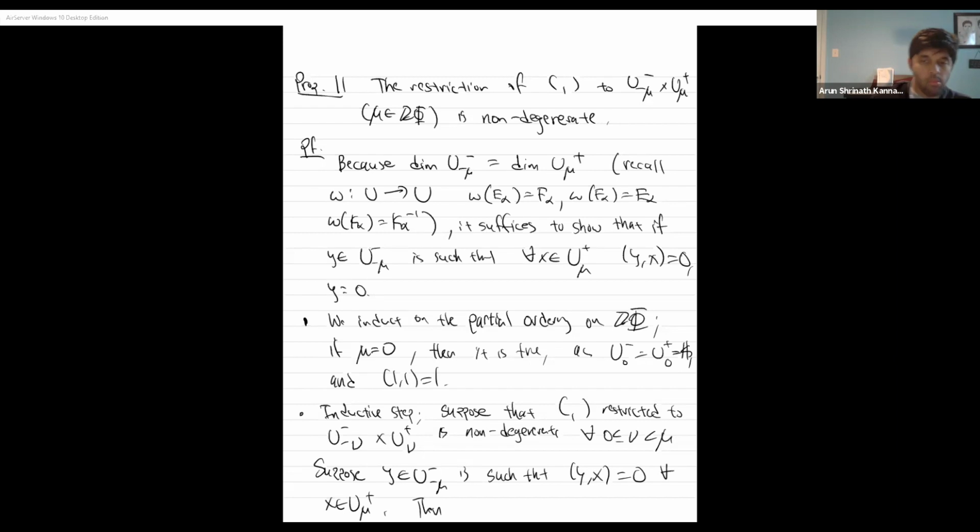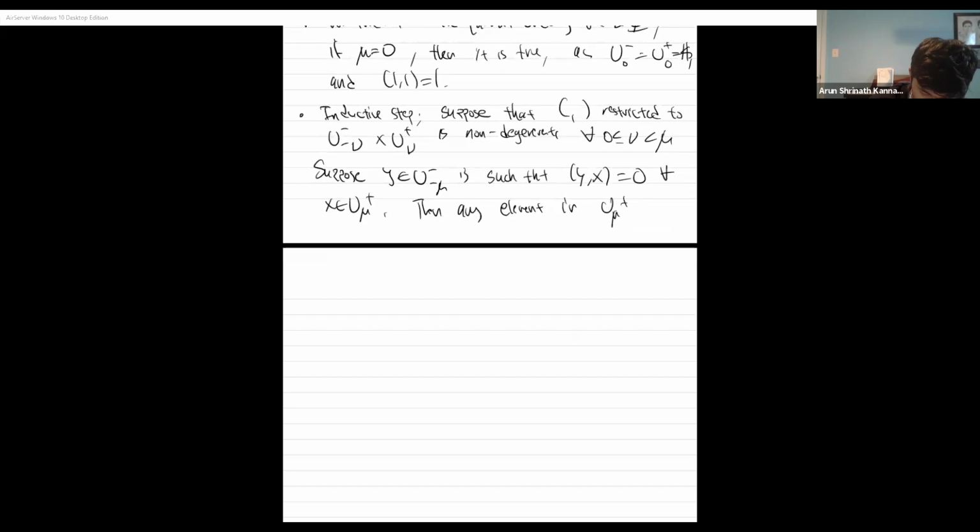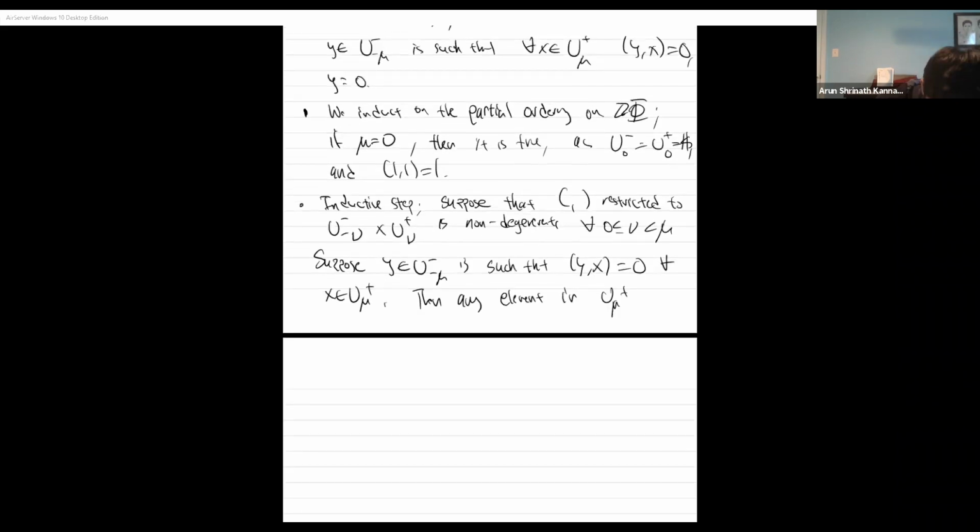Then any element in u mu plus is a linear combination of elements of the form either x e alpha or e alpha x.